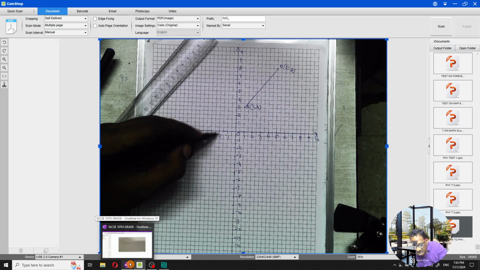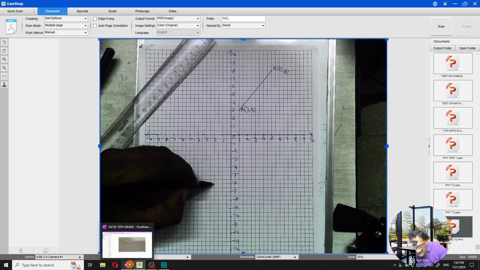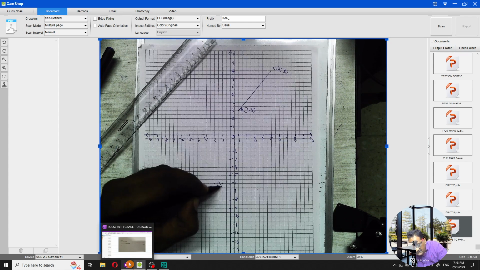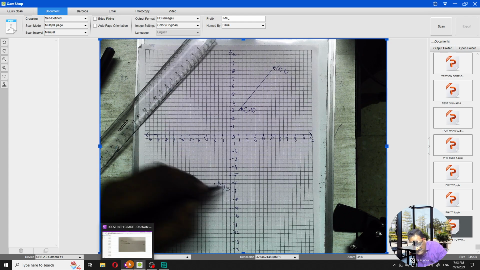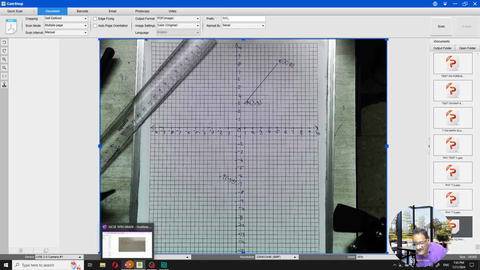So this should be my P point, -2, -6. And the Q point is -10 and -16.